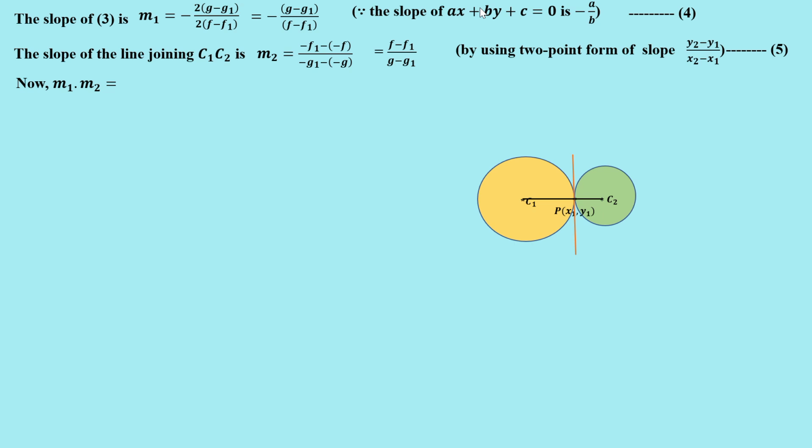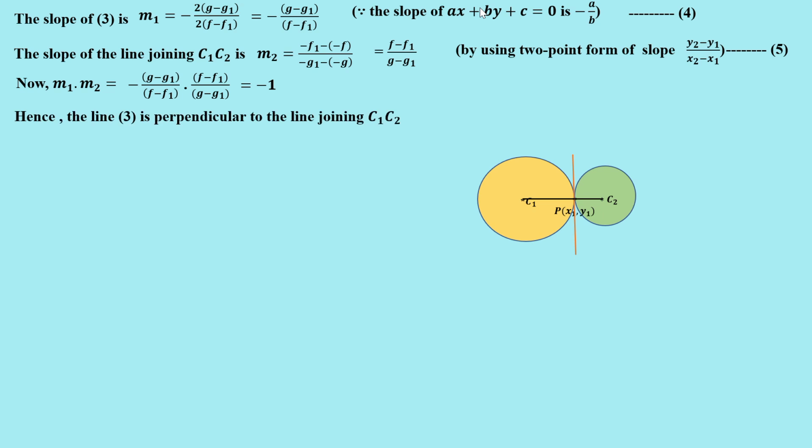So we take the product of m1 and m2. m1 × m2 = −(g − g1)/(f − f1) × (f − f1)/(g − g1). The denominator g − g1 gets cancelled with the numerator g − g1, and f − f1 in the numerator with f − f1 in the denominator, so you will get −1. If the product of the slopes of two lines equals −1, then those two lines are mutually perpendicular. We know this result, so we are going to use it.